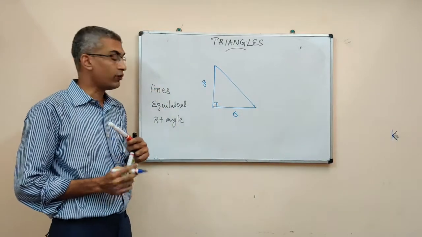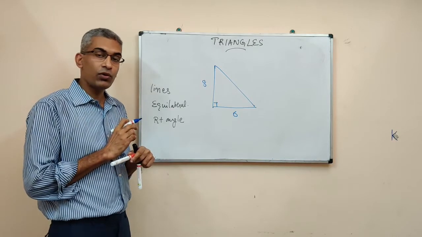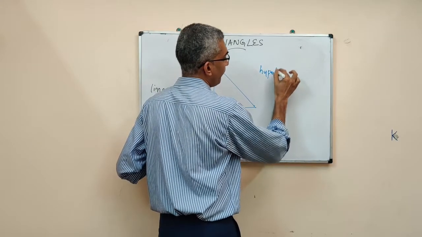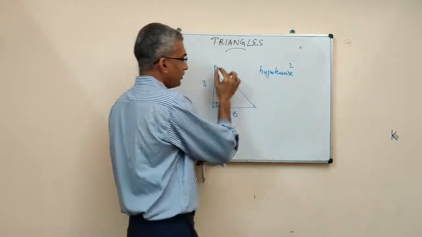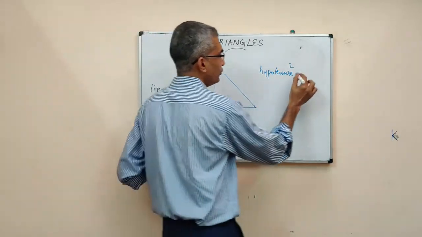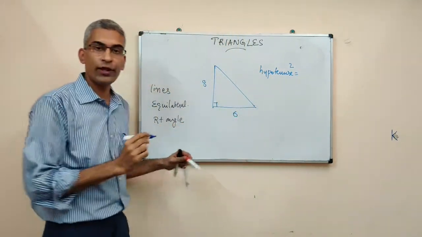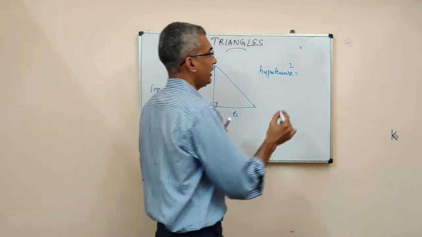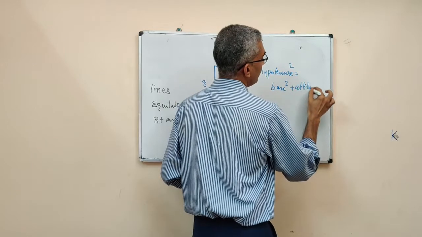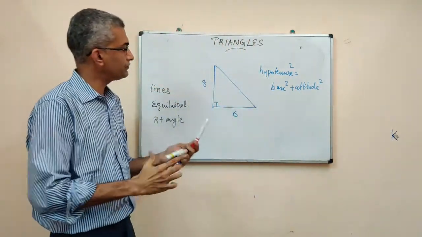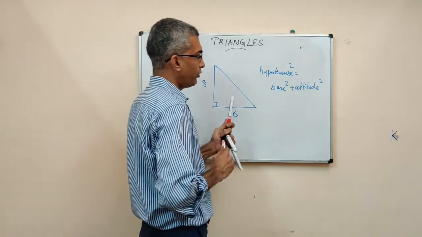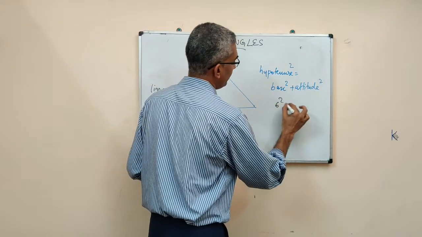One important property of a right triangle is that it follows the Pythagoras theorem, which says the side opposite to the right angle is called the hypotenuse. Square of the hypotenuse will be equal to the sum of the squares of the base and the altitude. Hypotenuse square will be base square plus altitude square. So in this triangle, the base is 6, altitude is 8, so hypotenuse square will be 6 square plus 8 square.